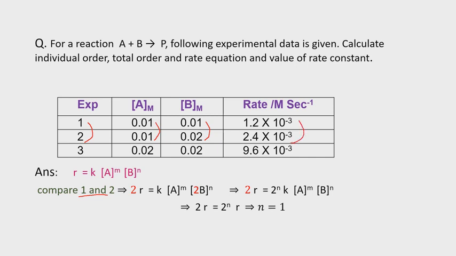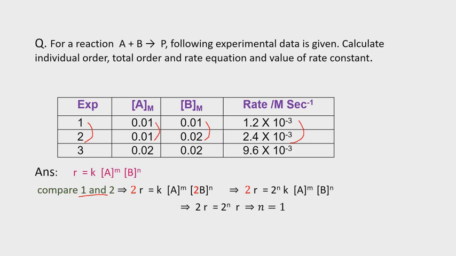Here 2 times change. We have solved the earlier problems with the same method. This is the mathematical expression. Just solve this mathematical equation, you will get n equal to 1.